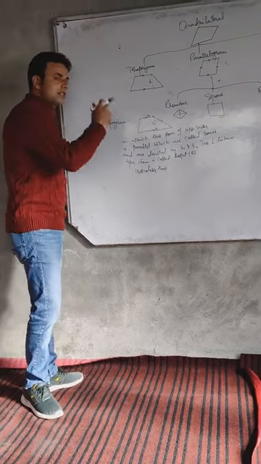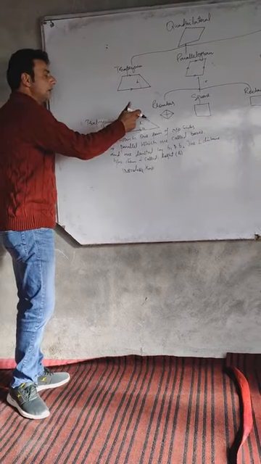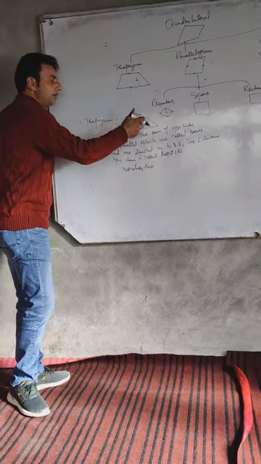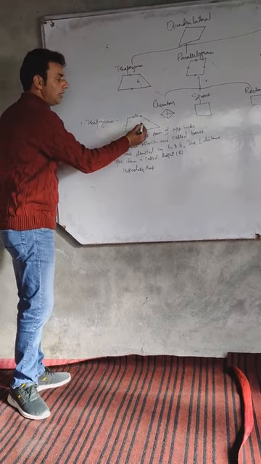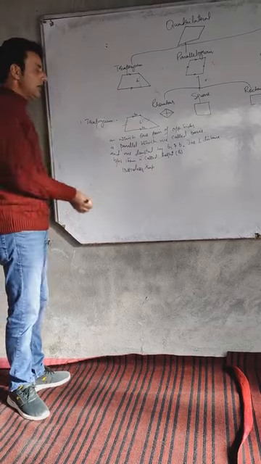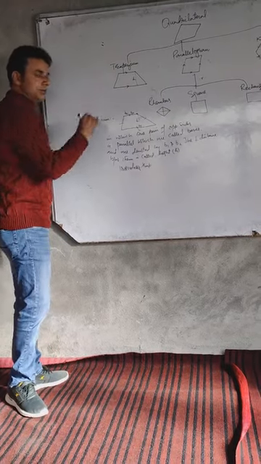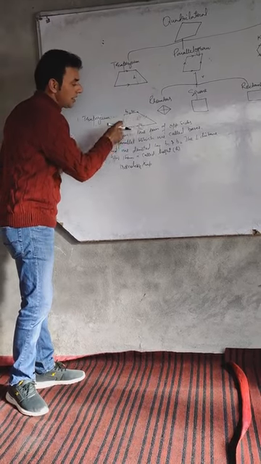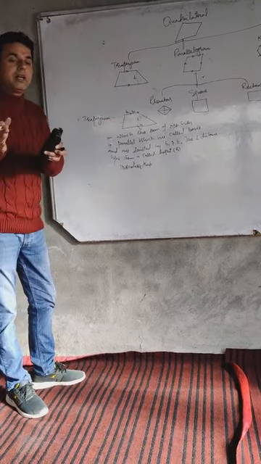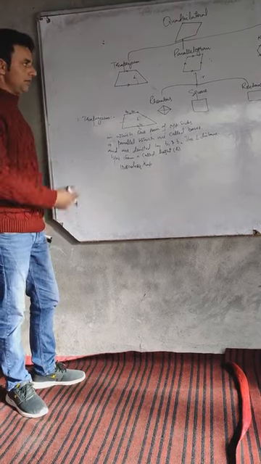The parallel sides of trapezium are called bases, and the perpendicular distance between the parallel sides is called height, denoted by h. The bases are denoted by B1 and B2. In some cases, if these non-parallel sides are equal, then the trapezium is called isosceles trapezium.